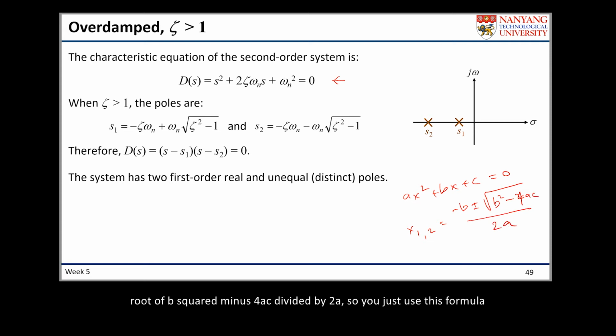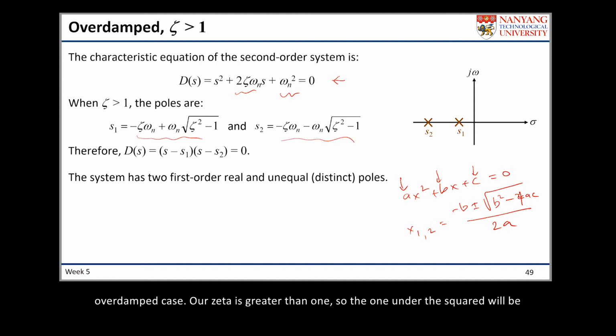So you just use this formula to find the poles of the second order system. In our case here, a is 1, b is 2 zeta omega n, and c is omega n squared. If you try to solve it, then you will get your roots s1 and s2 like this.